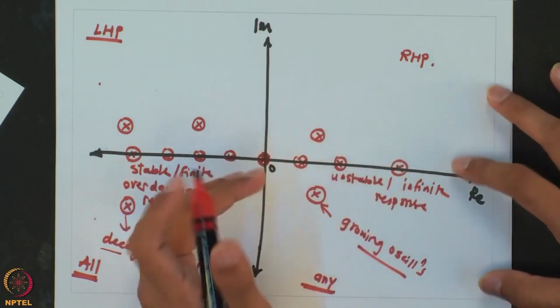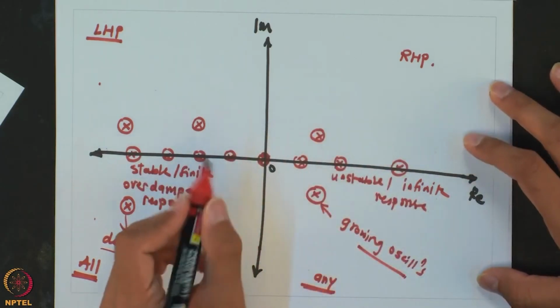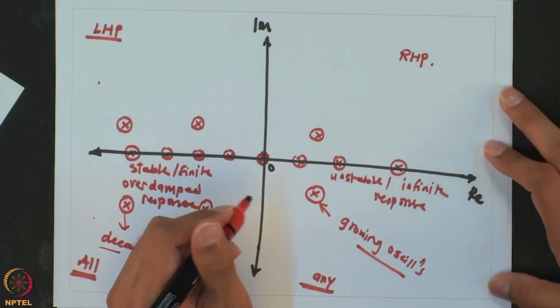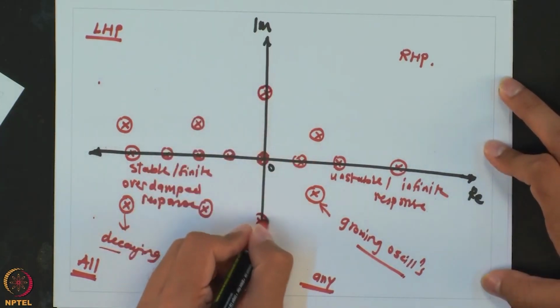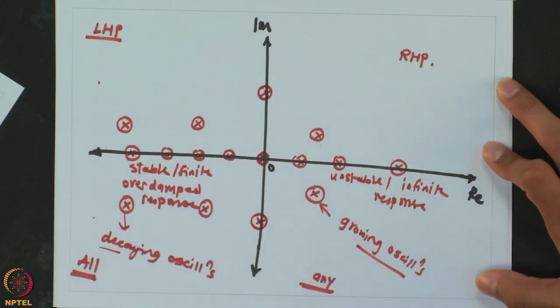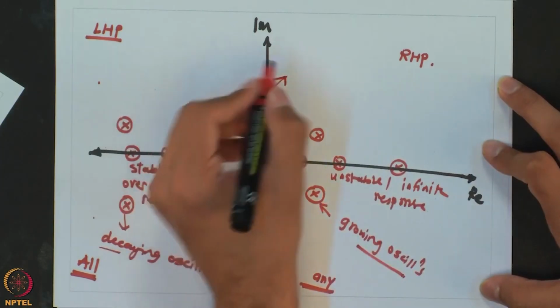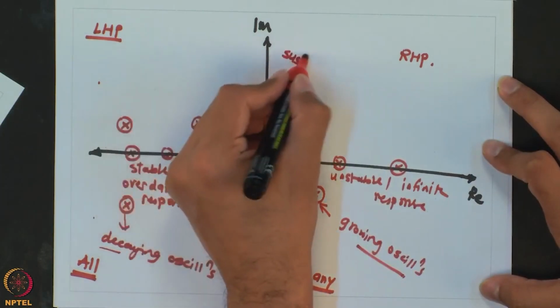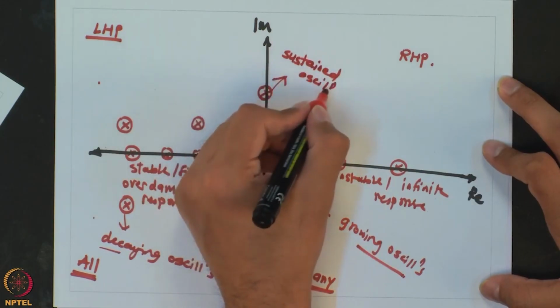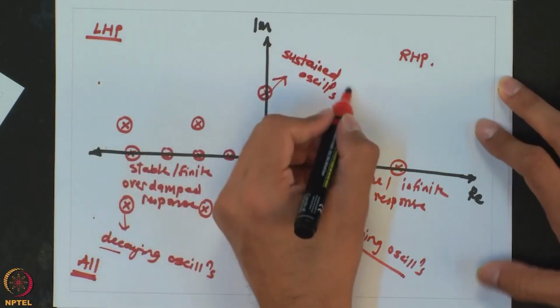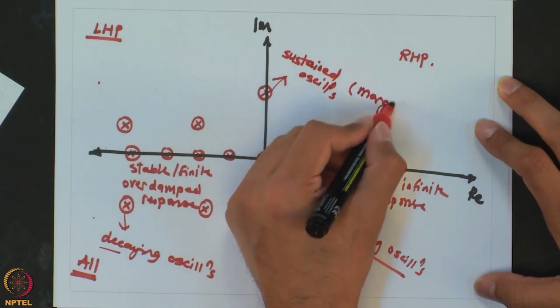The last case which is remaining is if your poles are complex conjugate with real part 0, or purely imaginary poles. So, in that case what you will get are sustained oscillations, which is also known as a marginally stable process.